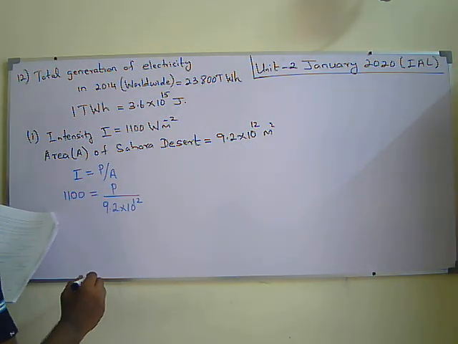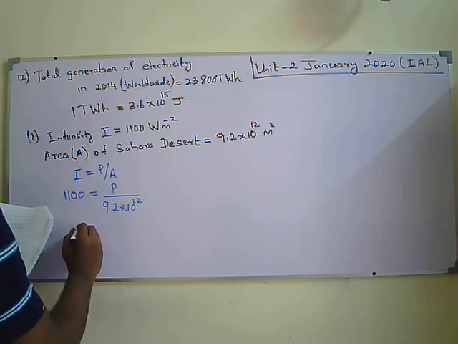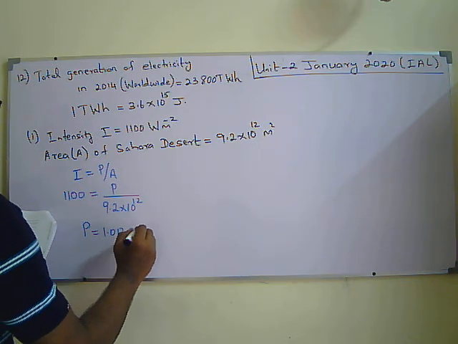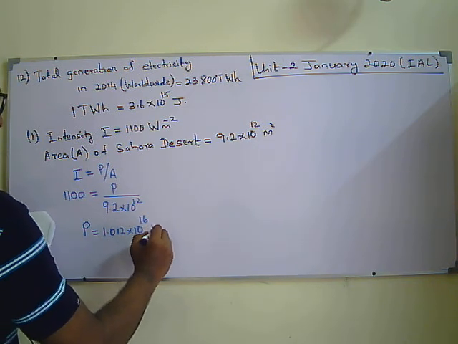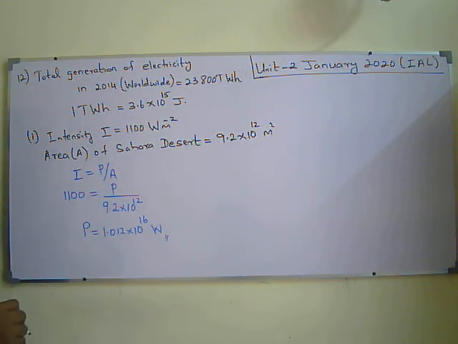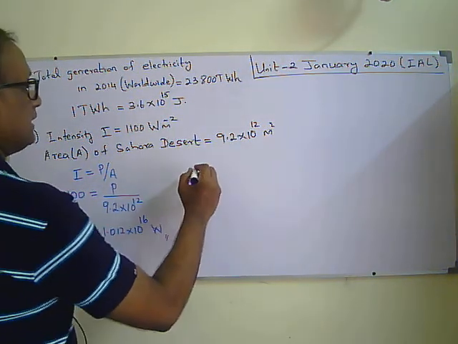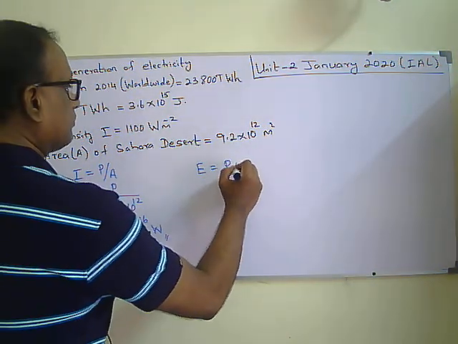So from this, if I find the power, that will be 1.012 times 10 to the power 16 watts. But the question is, find the total energy received in the Sahara Desert, the total area, during 1 hour. So energy is equal to power times time.